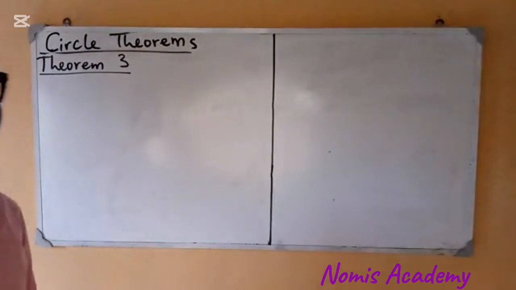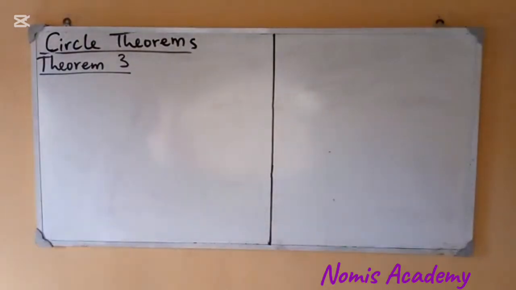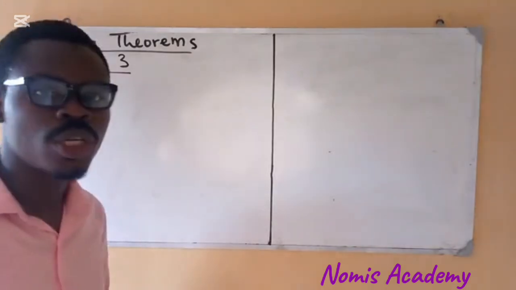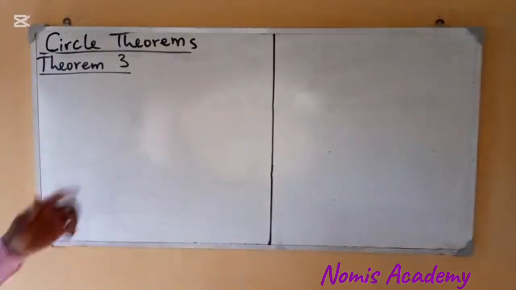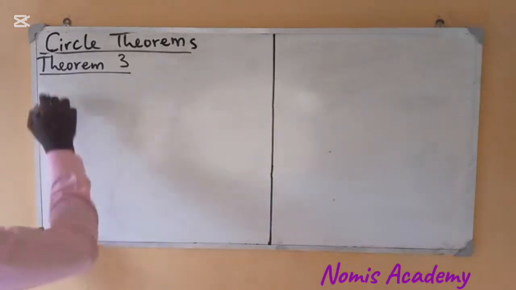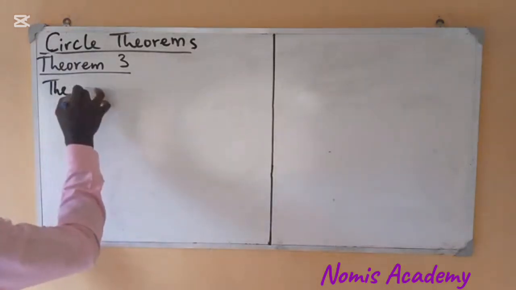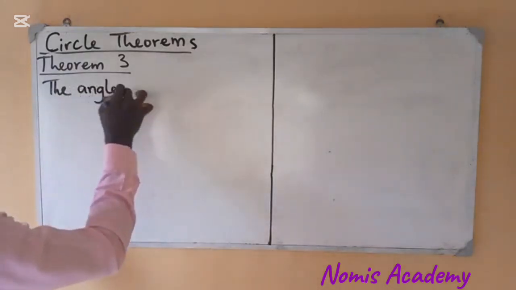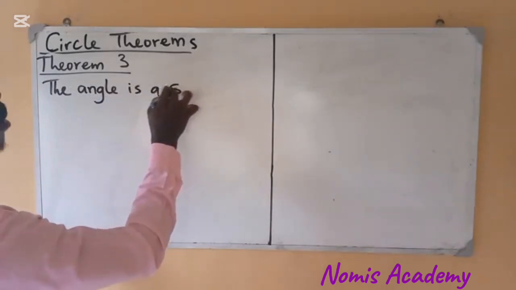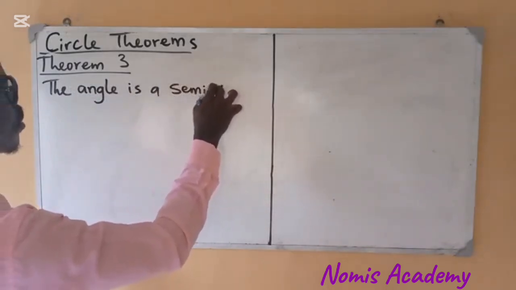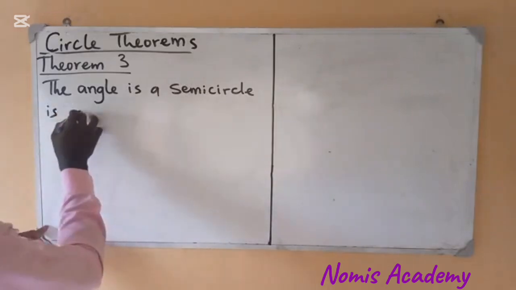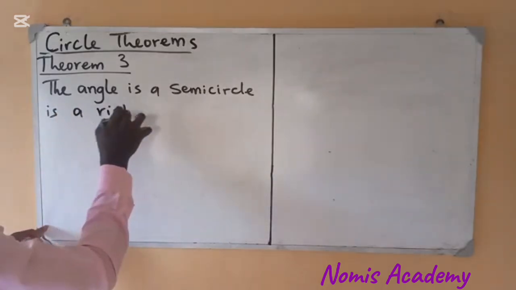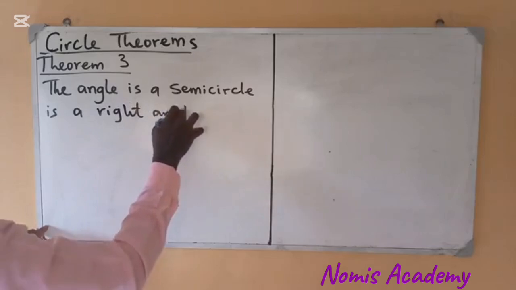In this video, we are going to consider circle theorems and we are looking at Theorem 3. In this theorem, we are going to state the theorem and prove the theorem. So let's state the theorem. It states that the angle in a semicircle is a right angle.